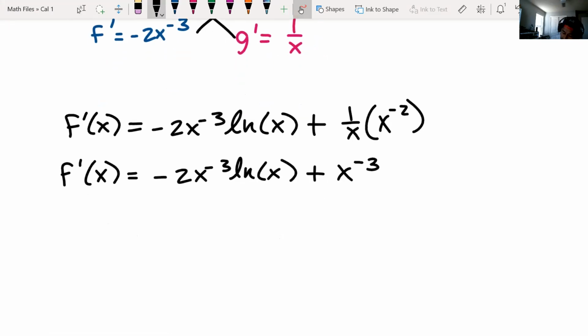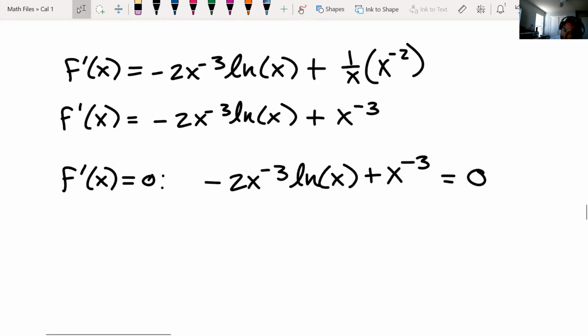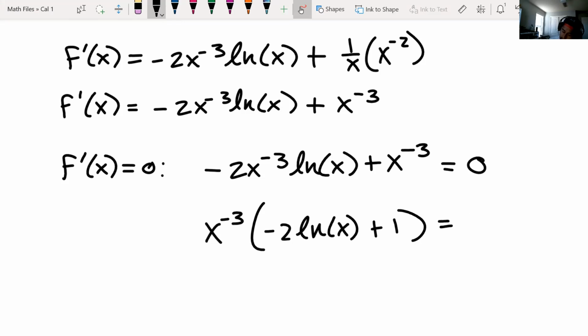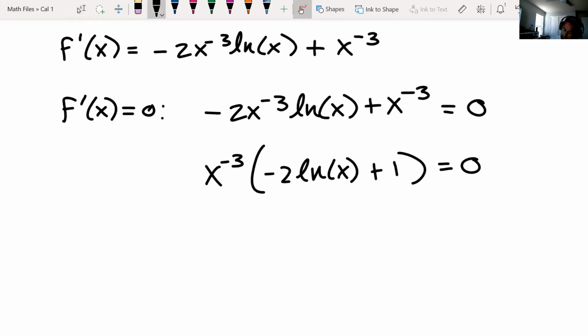Okay, so now set this equal to 0. And what could we factor out? x to the negative 3. Good. x to the negative 3 leaves me with negative 2 natural log x plus 1. Okay. One more rewrite, because now we have what type of equation?